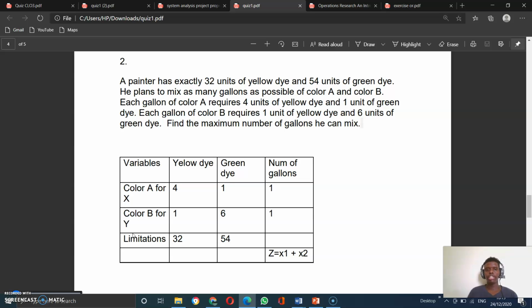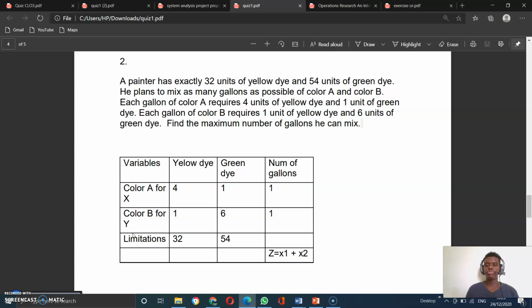Each gallon of color A requires 4 units of yellow dye and 1 unit of green dye, so that's why it's 4 and 1 for yellow dye. And also each gallon of color B requires 1 unit of yellow dye and 6 units of green dye.